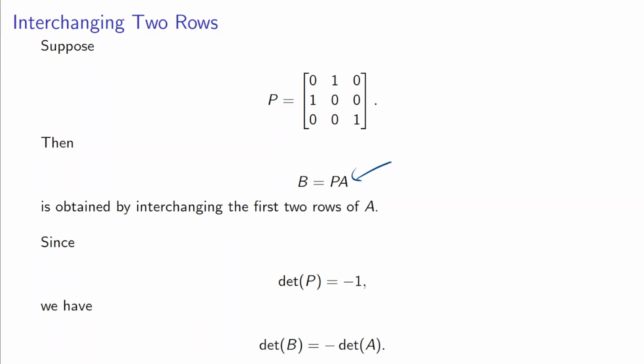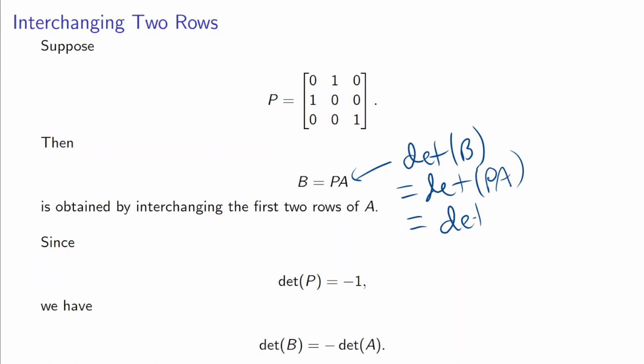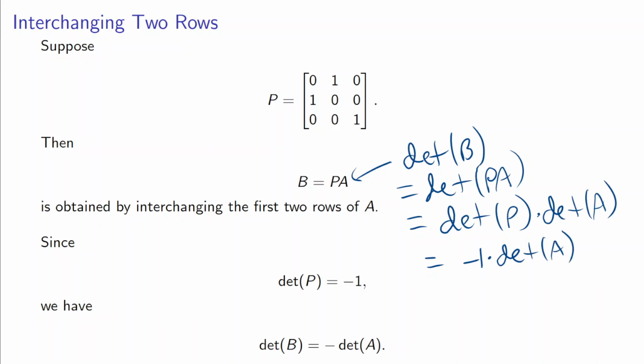So B is PA, then the determinant of B is the determinant of PA, which is the determinant of P times the determinant of A, which is -1 times the determinant of A. So that leads to this formula down here that the determinant of B is negative the determinant of A.